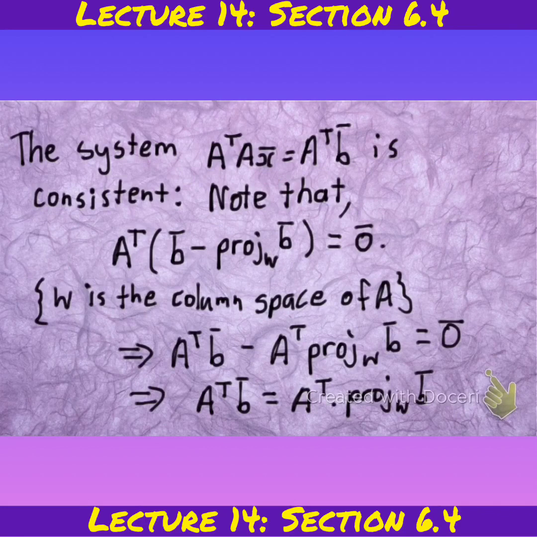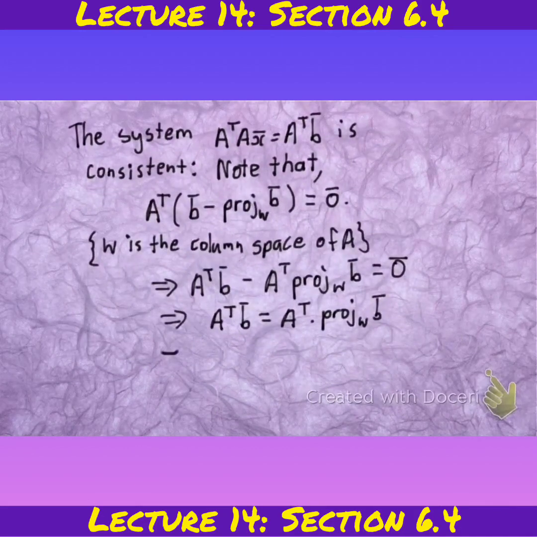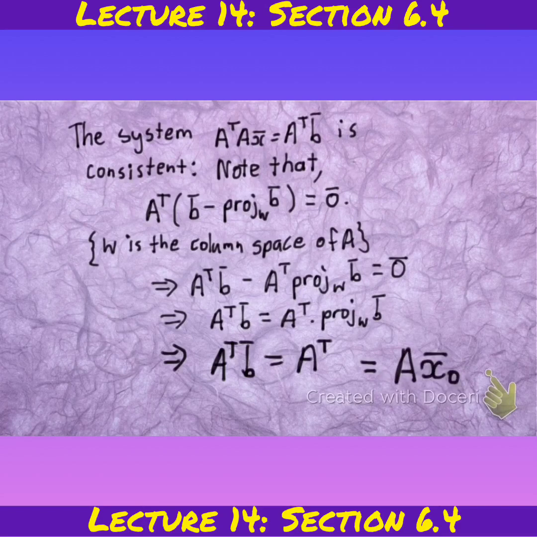So going back, we can continue from where we left off, and we can do that replacement. Therefore, A's transpose B is equal to A's transpose times A x0, replacing that projection, and that's going to imply that the system is consistent.